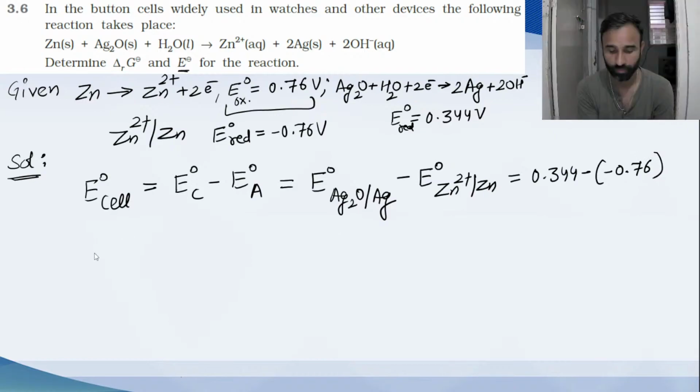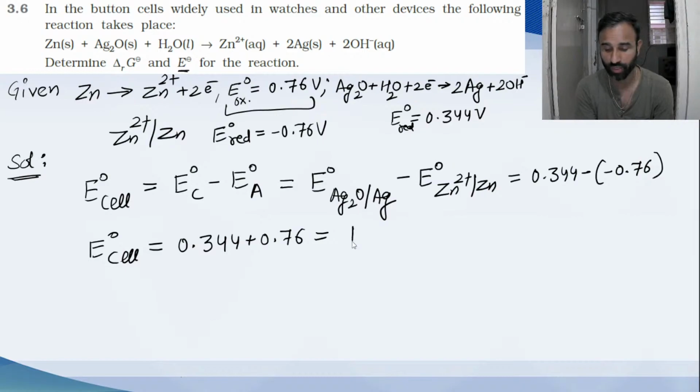That is, E° cell is equal to 0.344 plus 0.76. So what is the value? 0.76 plus 0.344 is 1.104 volt.